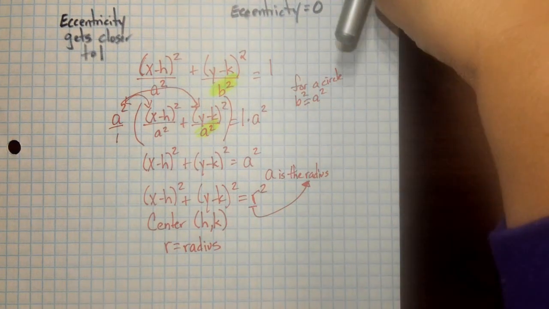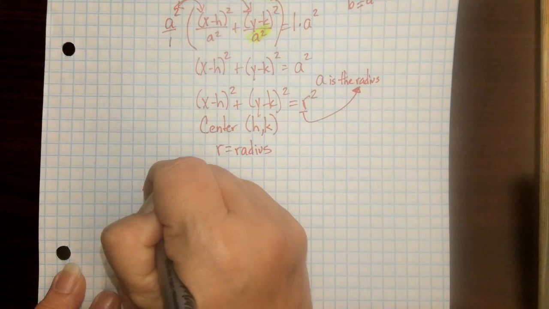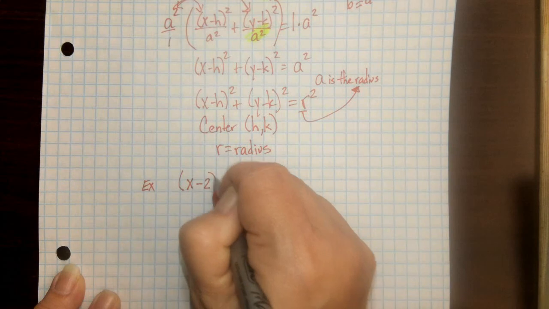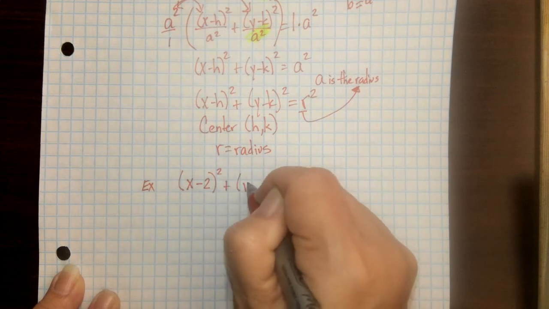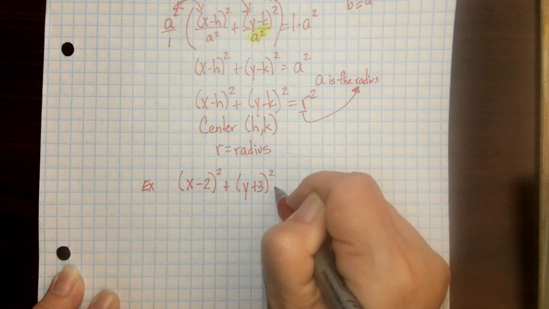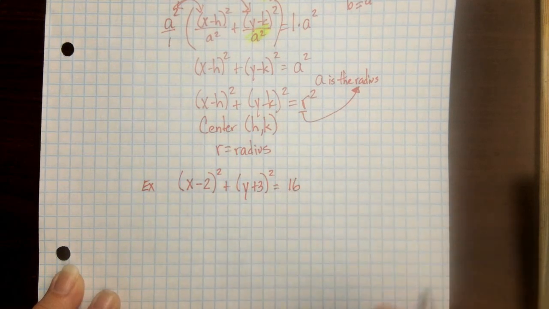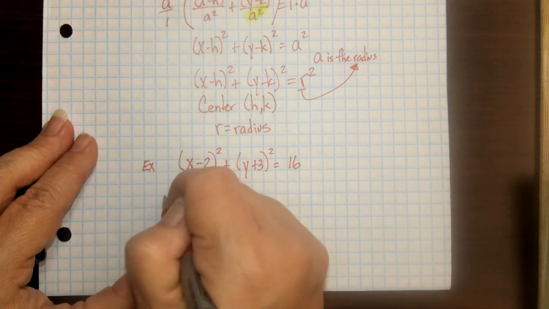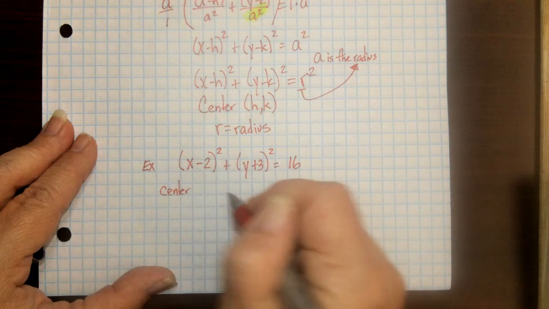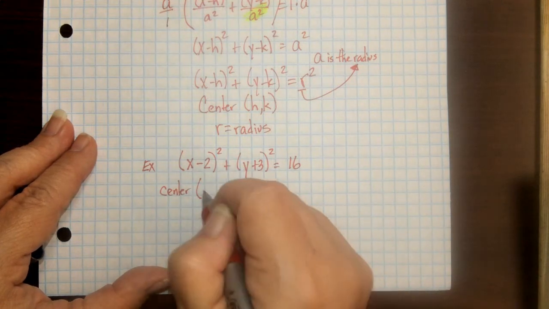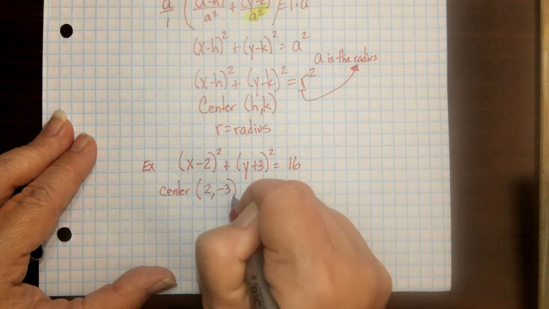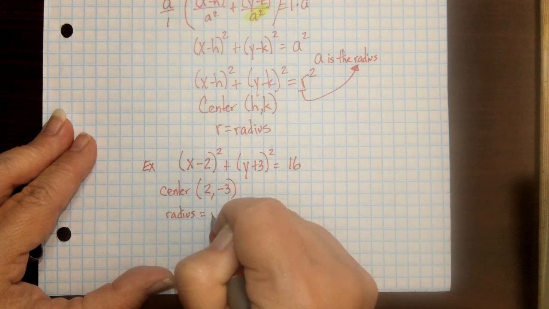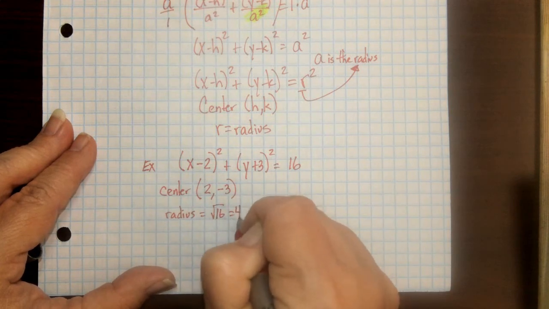So, if we look at an example together, if I have the equation x minus 2 squared plus y plus 3 squared equals 16. The center of my circle is going to be at 2, -3, and the radius of my circle is going to be the square root of 16, which is going to be 4.